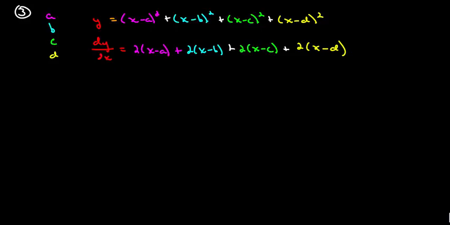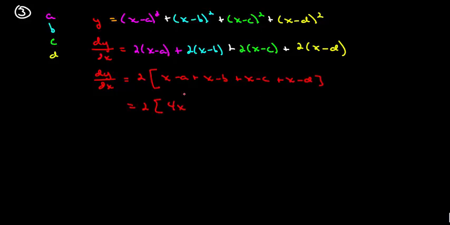So in other words, dy/dx is equal to 2 times the quantity x minus a plus x minus b plus x minus c plus x minus d. Or in other words, it's 2 times the quantity 4x minus a minus b minus c minus d. That's dy/dx.